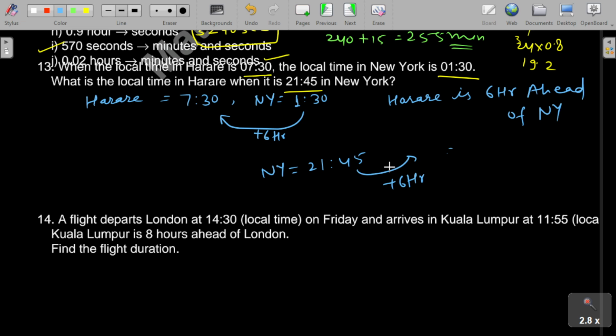If I add 15 minutes, then I will get 22, and after that I will add 2 hours, then I will get 24. Okay, and if I add the remaining 3 hours and 45 minutes, then this is next day 3:45. This is next day.